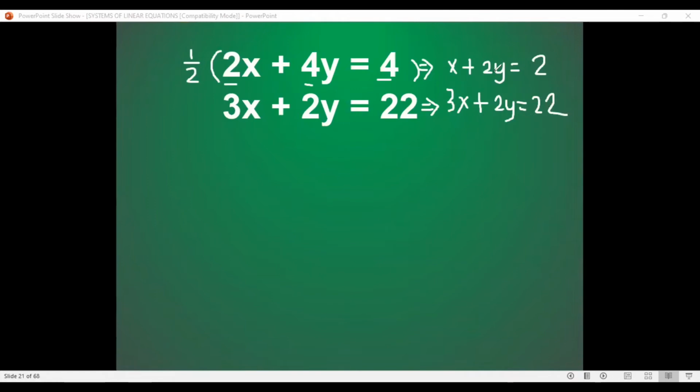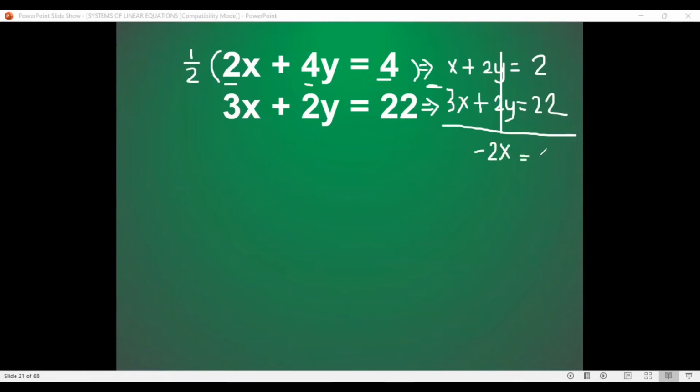So looking into this, you have 2y and 2y. That means we can eliminate, again, by subtraction. So this is already eliminated. And subtracting x minus 3x, the answer that you will be getting is negative 2x. And again, we have 2 minus 22.